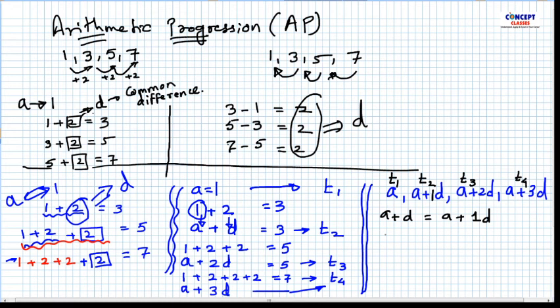Are you getting it? So can I write this formula again here? My T1, what was my T1? A. What is my T2? What is the formula? We just discussed it. A plus 1D, 1D means just D here. Then T3, A plus 2D, we discussed that.